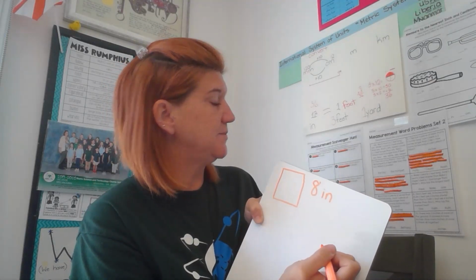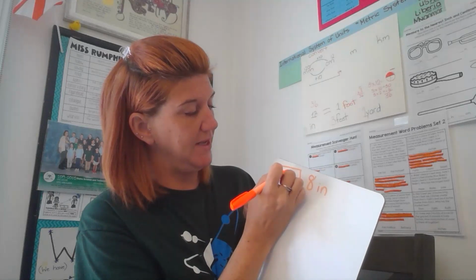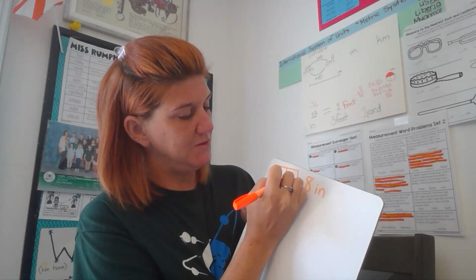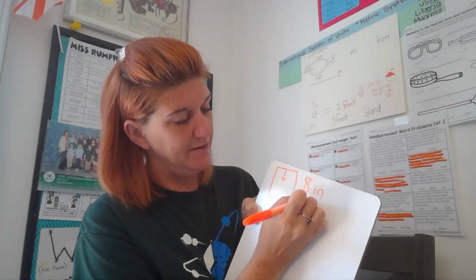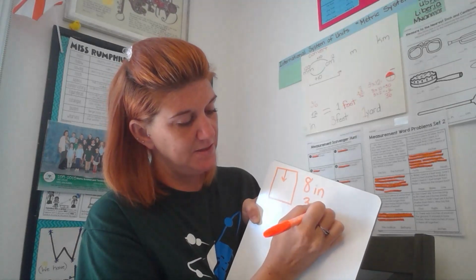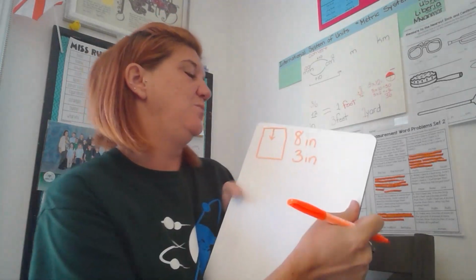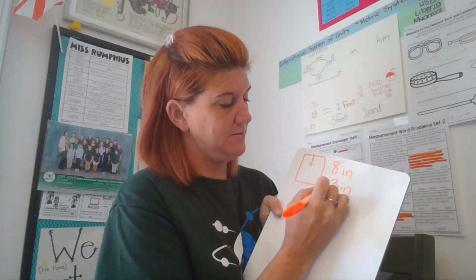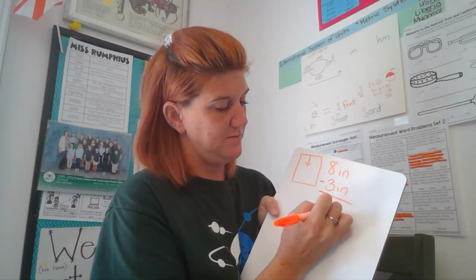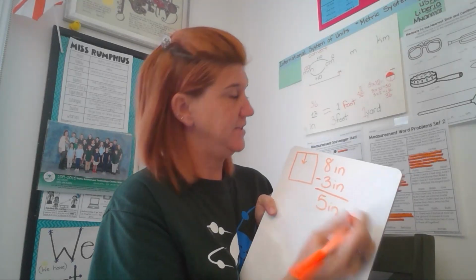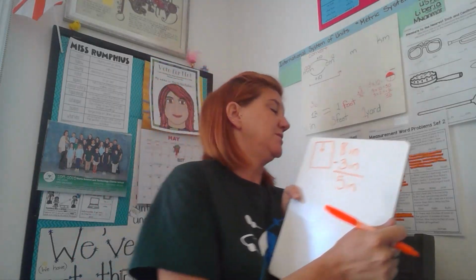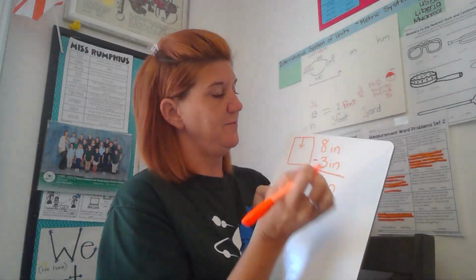Kate's paper is 3 inches shorter. So I'm going to think Kate's paper is shorter by 3 inches. Now that tells me that I want to subtract 5 inches. How many inches long is Kate's piece of paper?